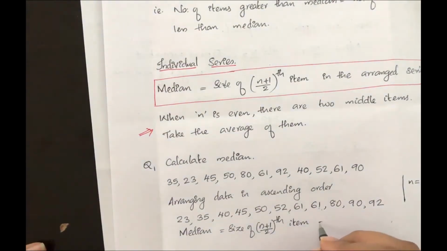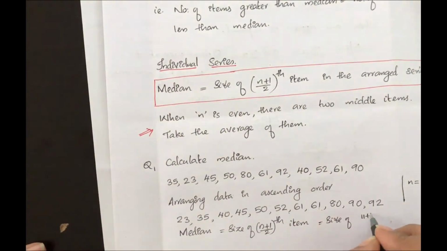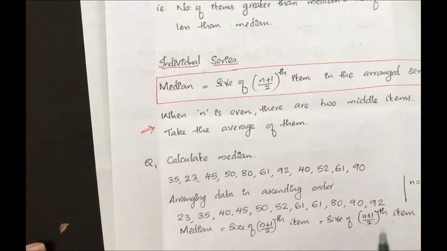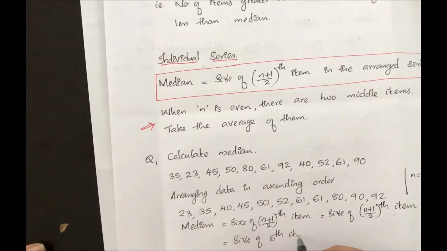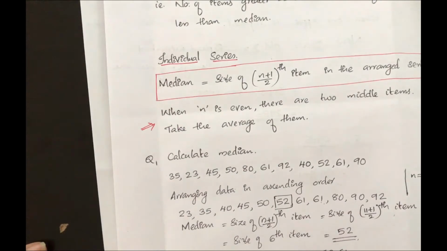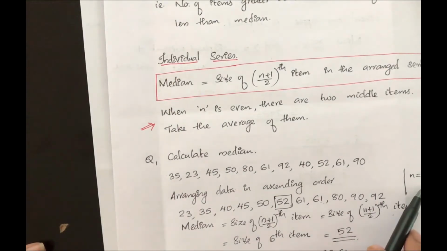So, size of (11 plus 1) by 2th item. 11 plus 1 is 12, 12 by 2 is 6. So, median equals the size of the 6th item. Which is the 6th item in this arranged series? 1, 2, 3, 4, 5, 6, 52. So, median is equal to 52. Here n is an odd number.